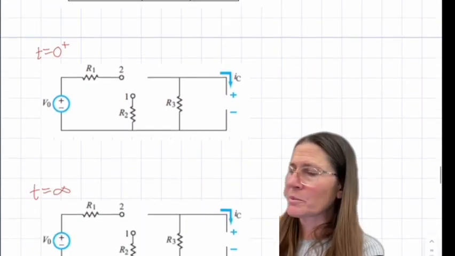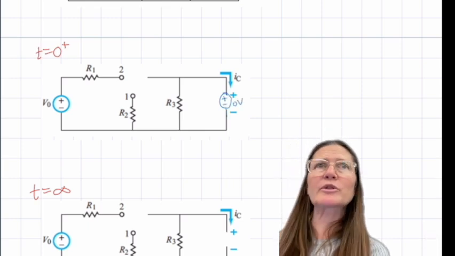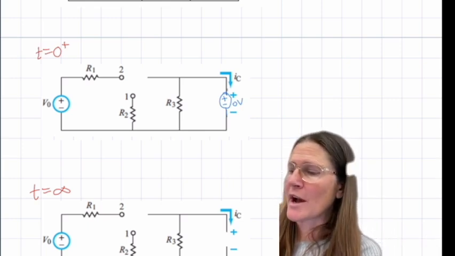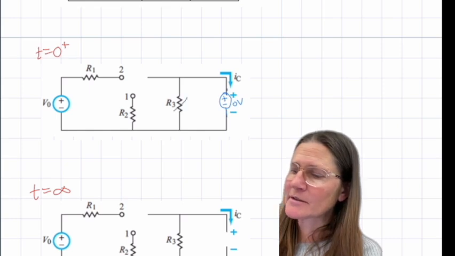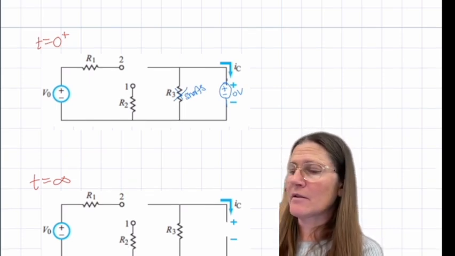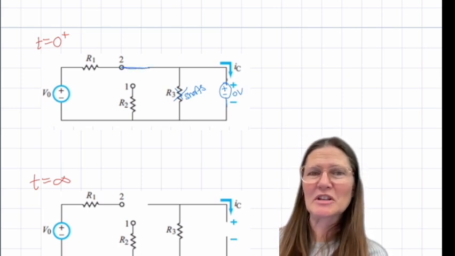At t equals 0 plus, this becomes a battery of 0 volts, so it takes on whatever it just found. At 0 volts, that's like a wire, so that's going to bypass the R3. And then, forgot to draw the switch, sorry. Switch is going to be in that position.